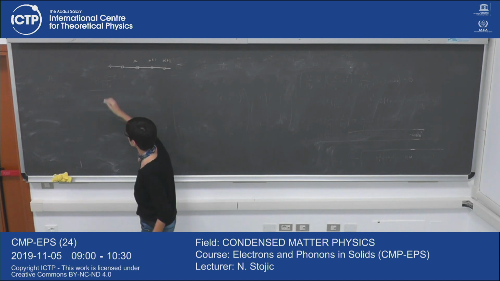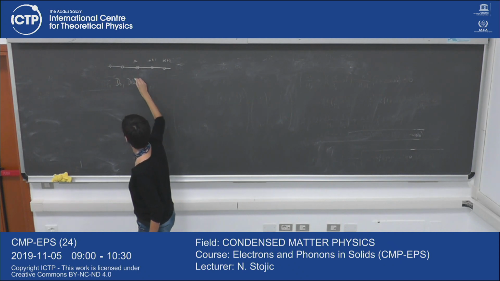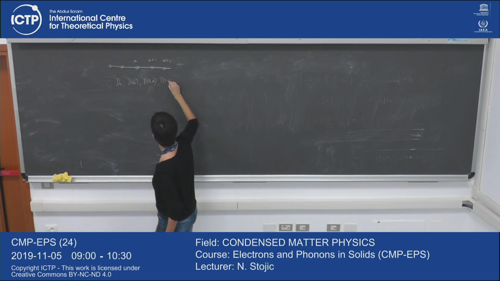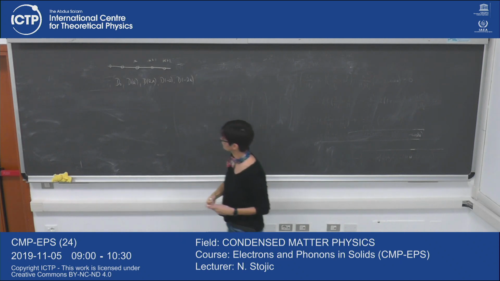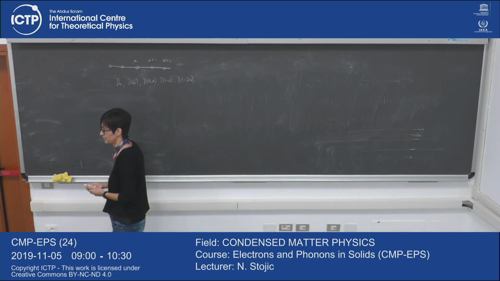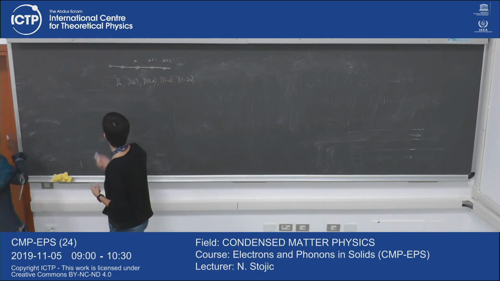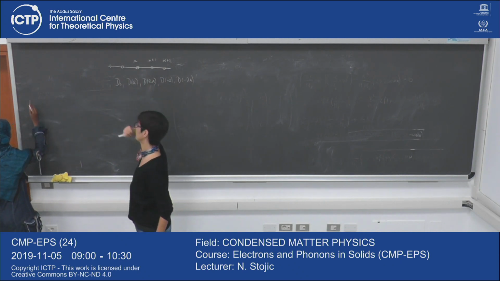Let's call, there is force constant d0, d of a, d of 2a, then d of minus a, and d of minus 2a. Okay, so let's start from the integration. So we have just one atom in the cell.